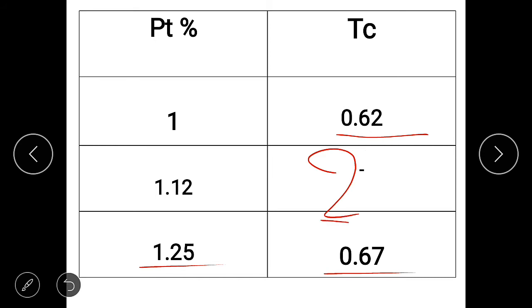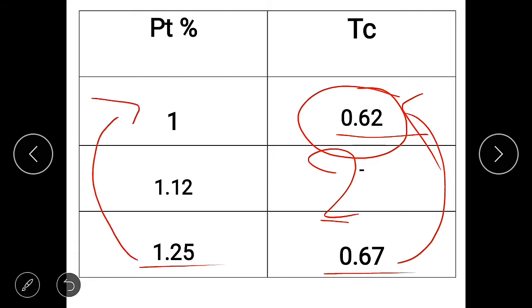So how to calculate the tau c value for pt percentage 1.12? By using the interpolation method we can easily find it. How to do the interpolation? I write here: first value is 0.62 plus, in bracket, 0.67 minus 0.62, divided by 1.25 minus 1, multiplied by 1.12 minus 1.